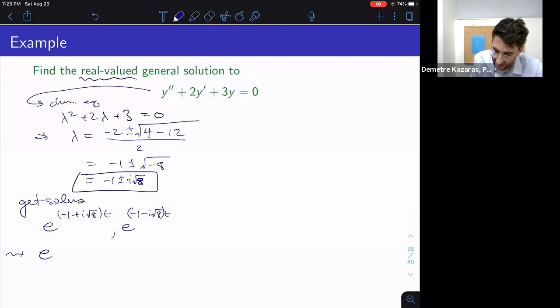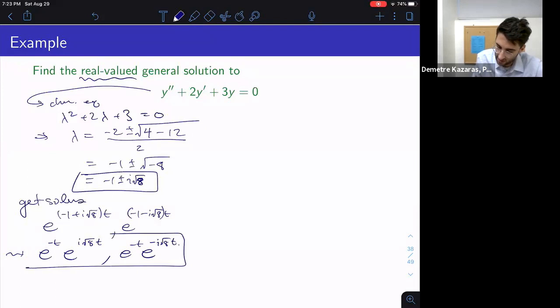So it'll look like e to the minus t times e to the i root 8t, and e to the minus t times e to the minus i root 8t. Okay, we got complex solutions. So the general solution will be sums of multiples of these two functions.